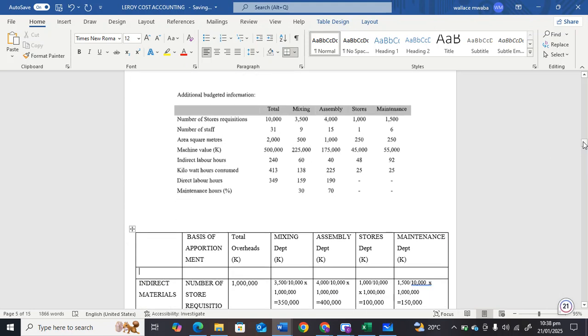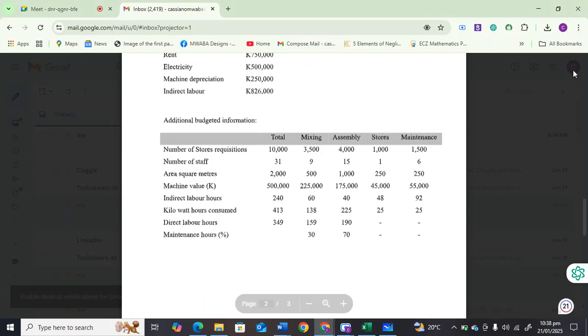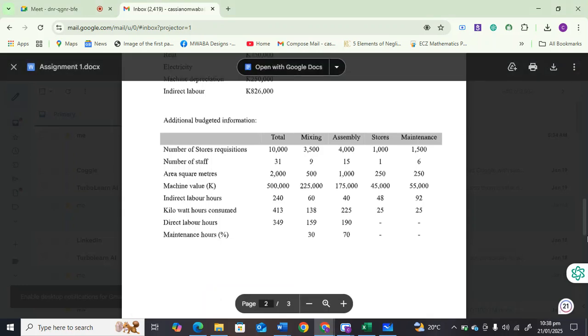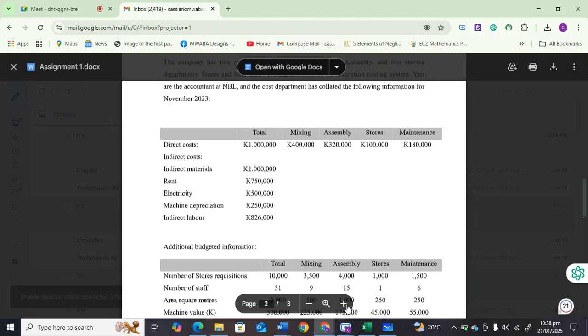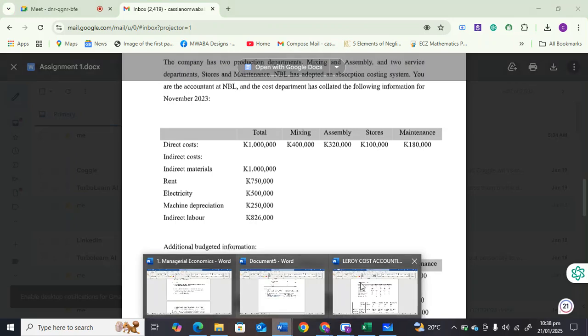The first overhead which we need to reapportion is indirect materials. Let me just also get the other table, and put that there too.